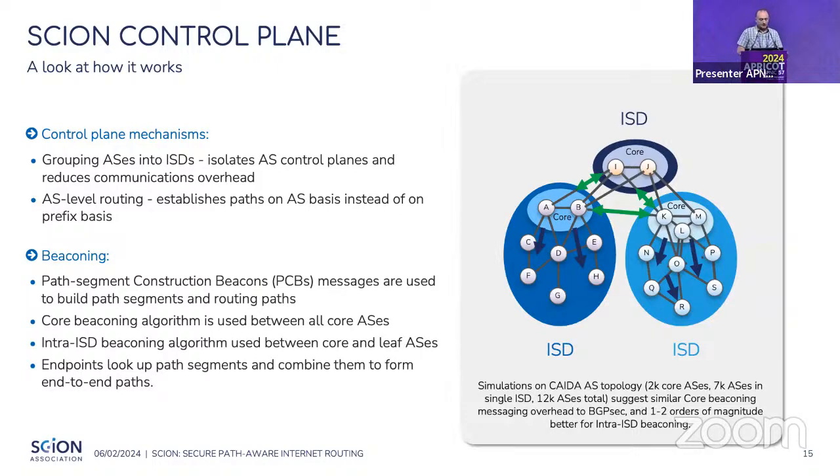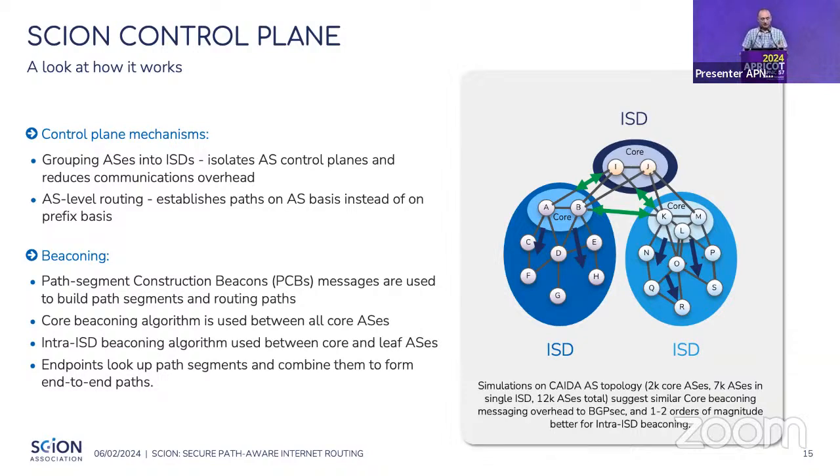So the idea behind grouping ASs into these isolation domains is that it isolates the different control planes and reduces the communications overhead. And then at the AS level, it establishes paths on an AS basis rather than on a prefix basis. So the idea is to reduce the amount of global communication. And the way it does this is using something called beaconing.